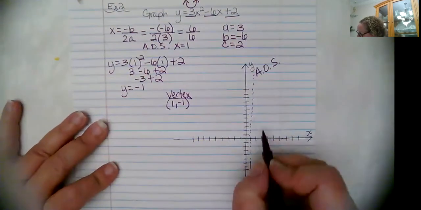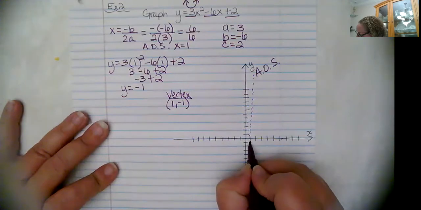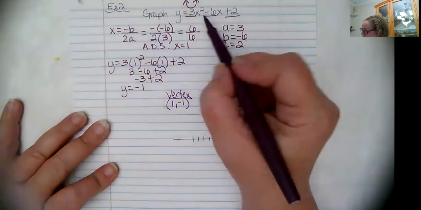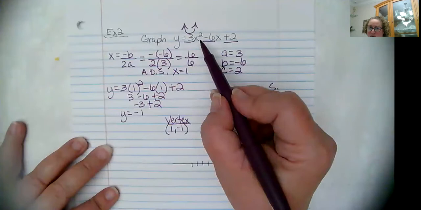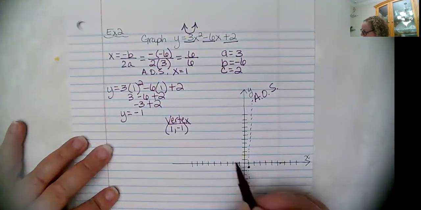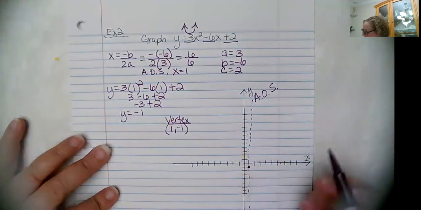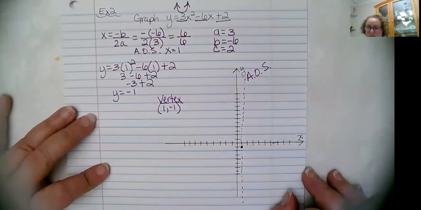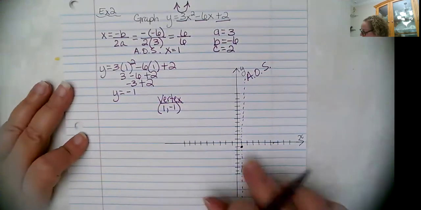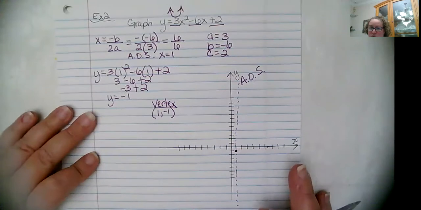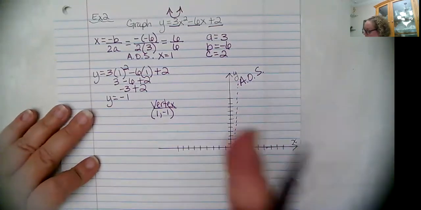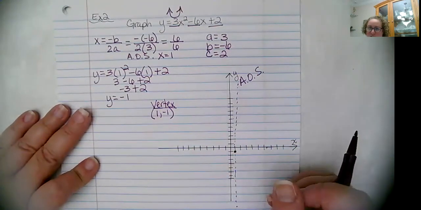So we're going to plot that point. 1, negative 1, right here. So we know our parabola is facing up. So this is our minimum, which we're going to talk about next. So after that, we need another point so we can plot it and then reflect it across our axis of symmetry.